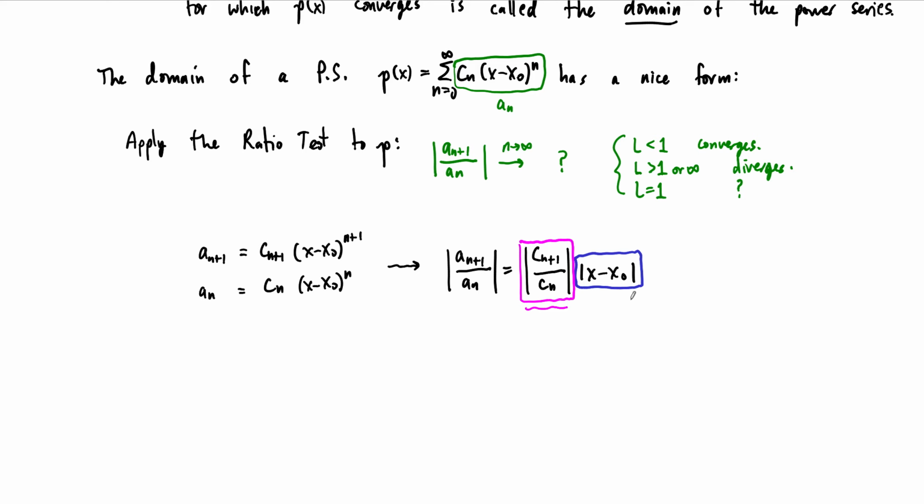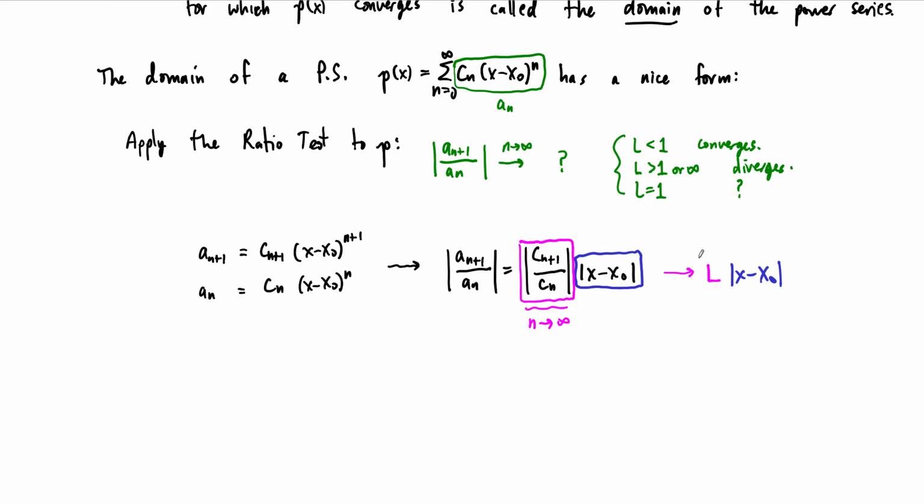Okay? And so as n approaches infinity, let's say that this right here approaches some constant L. All right, so some constant L, and then we still have this term, absolute value of x minus x naught.